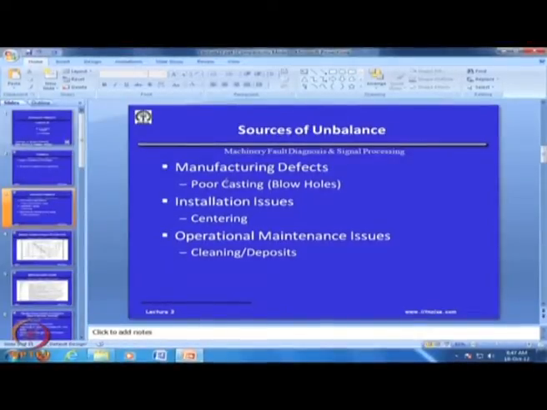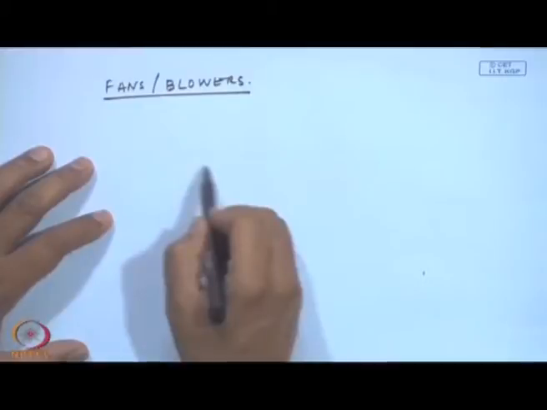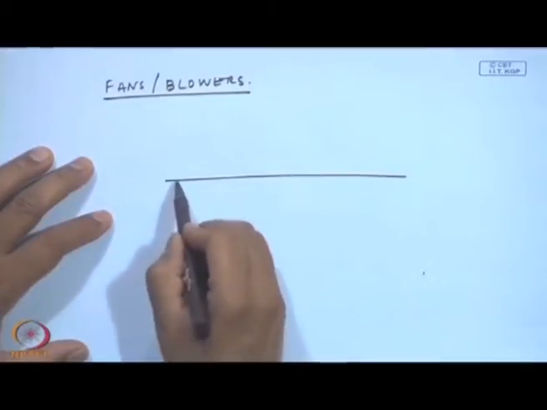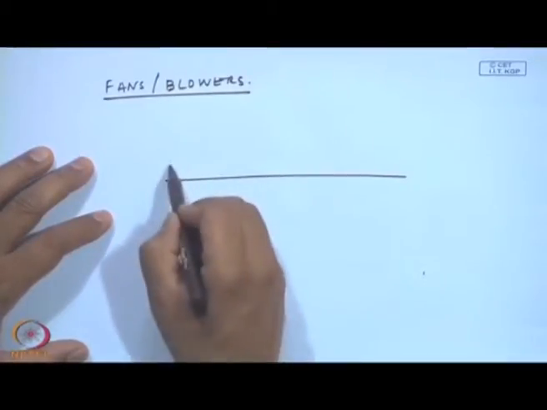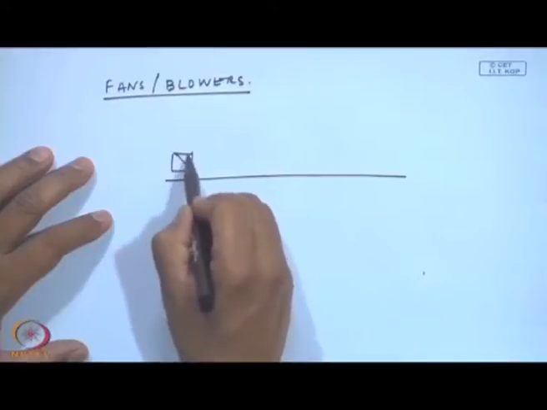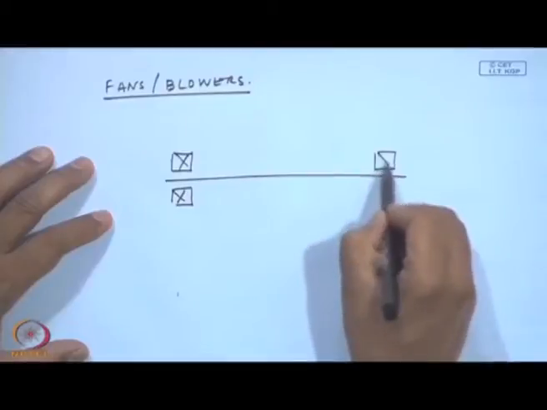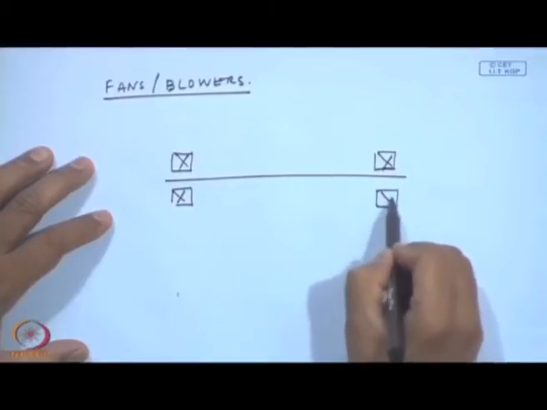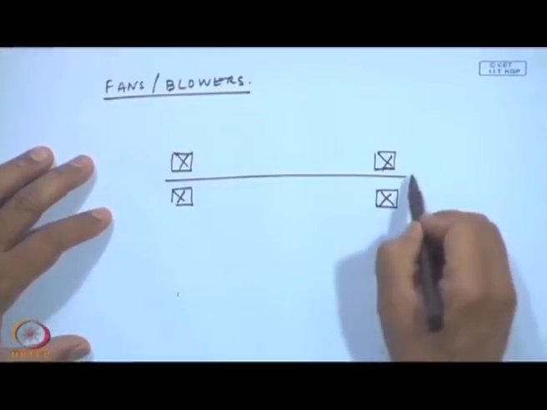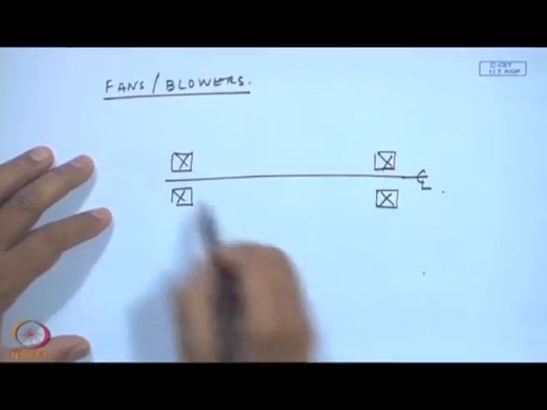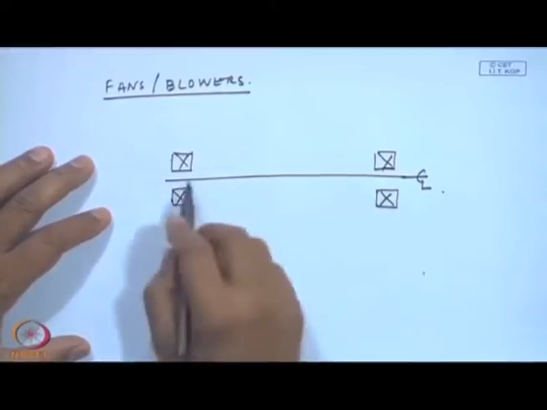The next one is the case of certain installation issues. Imagine we have a large system, which has to be put in place perfectly between the bearings, and they have to be in the geometric center line of the system.